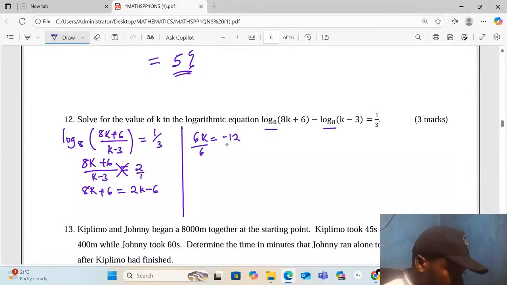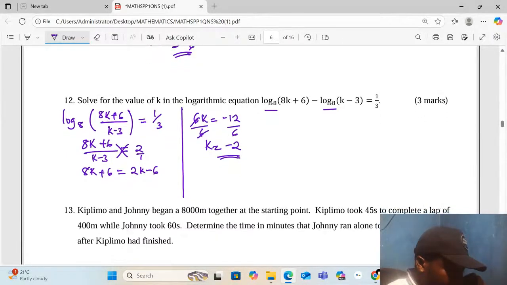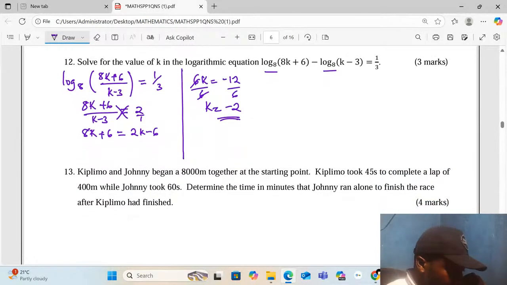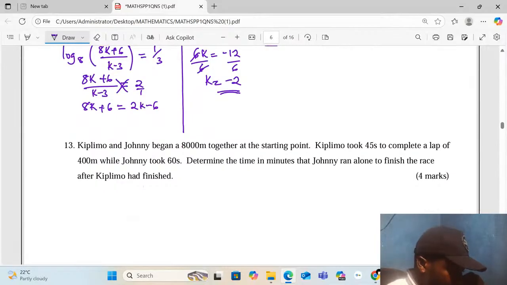Then divide by 6, and k becomes negative 2. That is how we find k. We only need to find the value of k, and we get our 3 marks. That's simple. Then move to the next question.